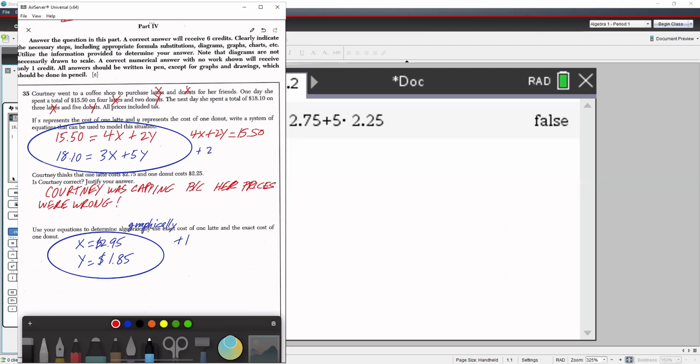That's the explanation. We substituted her prices in, and we didn't get $18.10. All right. So if you say Courtney was capping, that's fine. You just have to explain why you think she was capping. Tell them, okay, I substituted her prices into the second equation, and it wasn't equal to $18.10. So she's capping. Or she was wrong. All right.